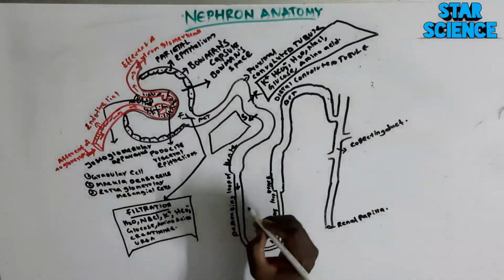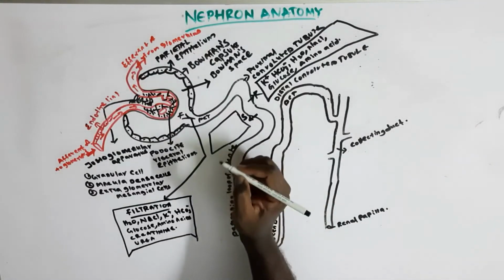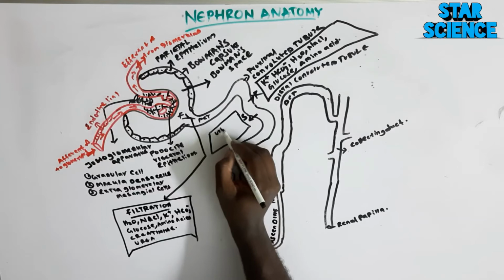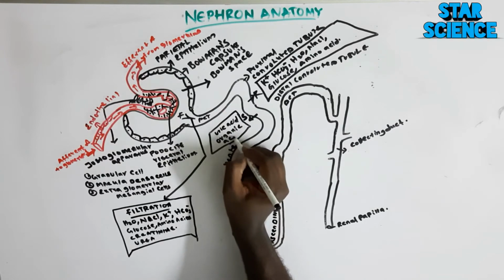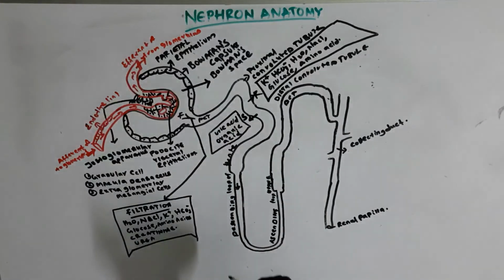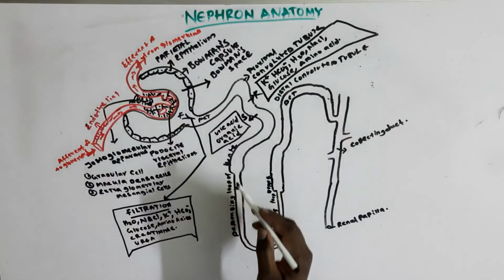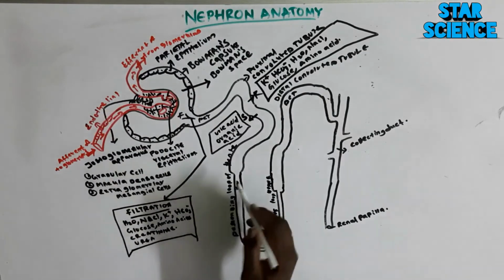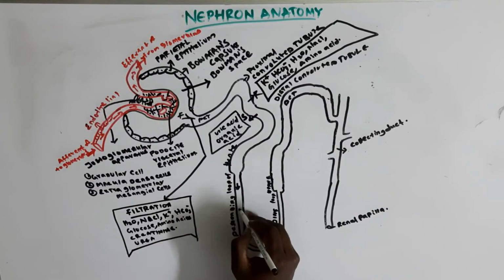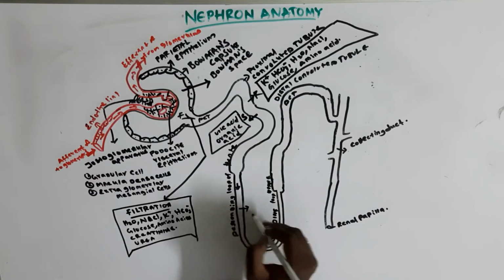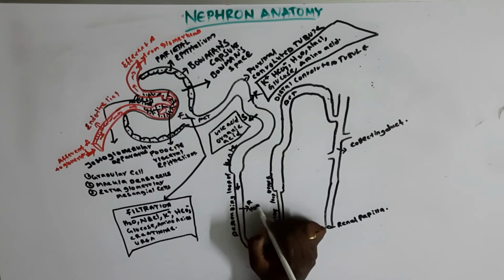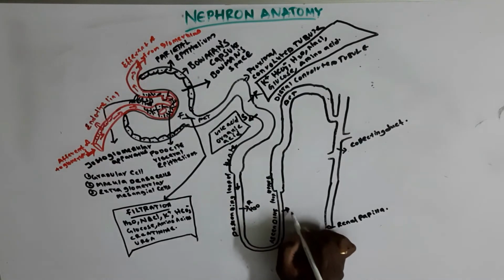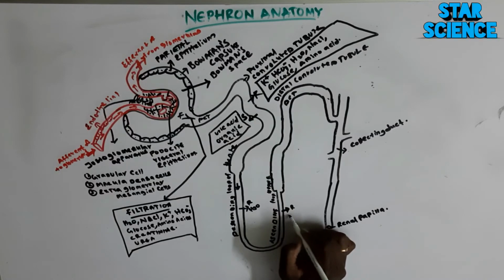Now we are going for the secretions from the PCT, which means after taking in certain contents, it secretes certain things, that is nothing but uric acid and organic acids, which will be secreted from the proximal convoluted tubules.